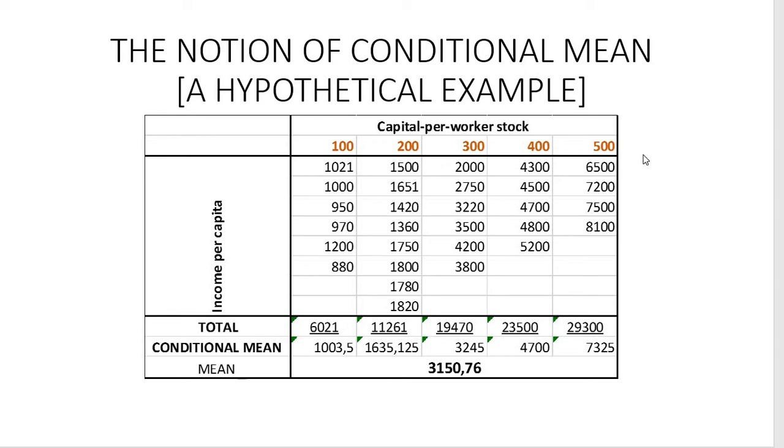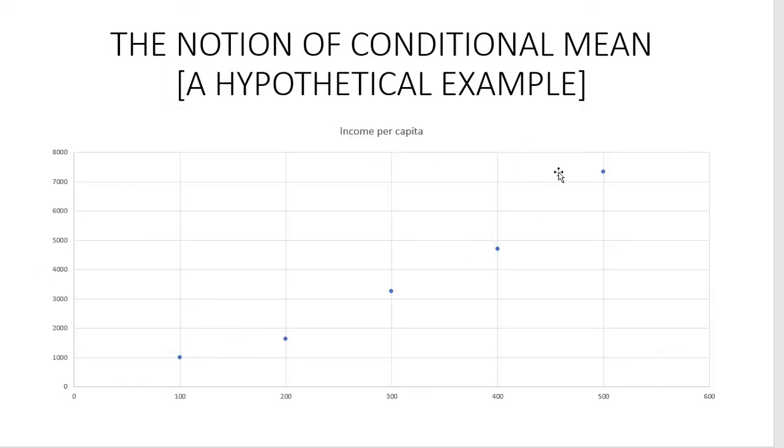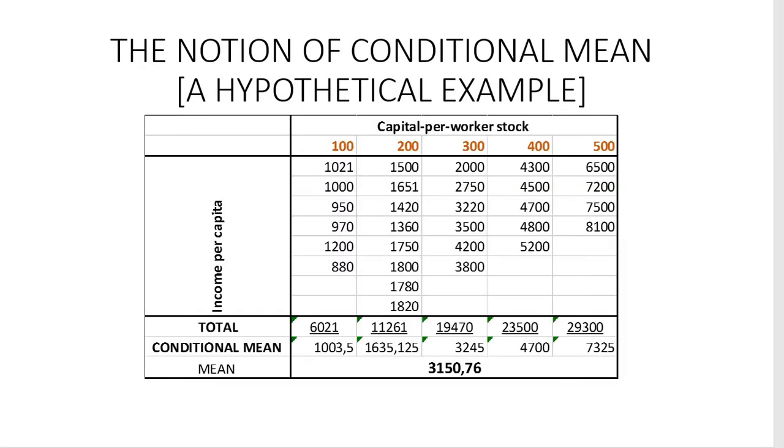It's easy to notice that when the value of capital per worker stock increases, conditional mean increases as well. To be more precise, here you can see this relationship. For each increase in capital per worker stock, we observe an increase in expected income per capita level. So this is exactly the idea of conditional mean.